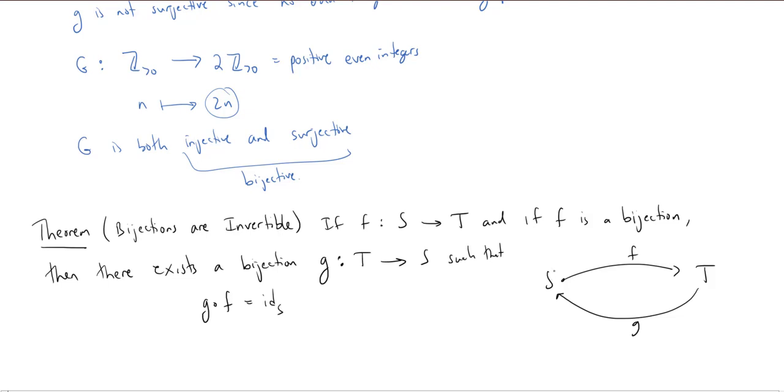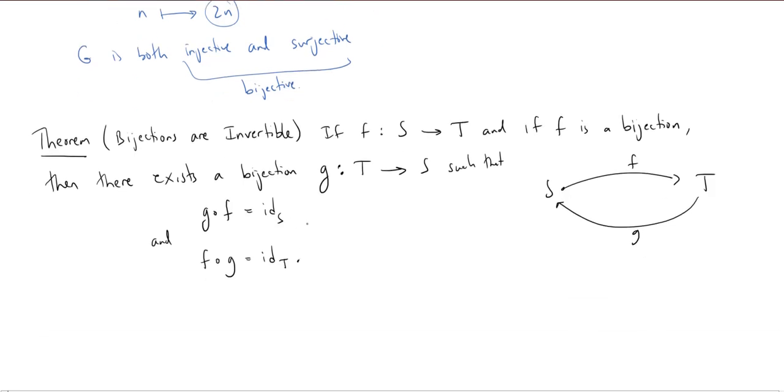So if I put some element from S into f and then into g, I get back that exact same element from S. And if I go the other way, first apply g starting from T and then apply f, I get back to T, and it should be the exact same element I started with. So the composition should equal the identity.